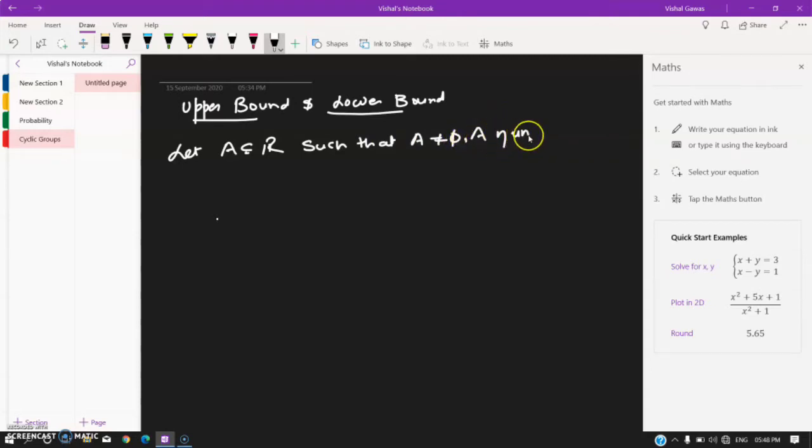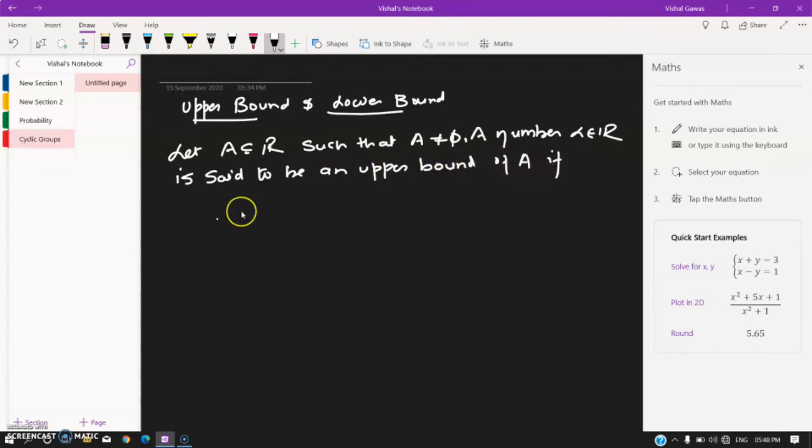A number alpha in R is said to be an upper bound of A if alpha is bigger than x, right, for every x.